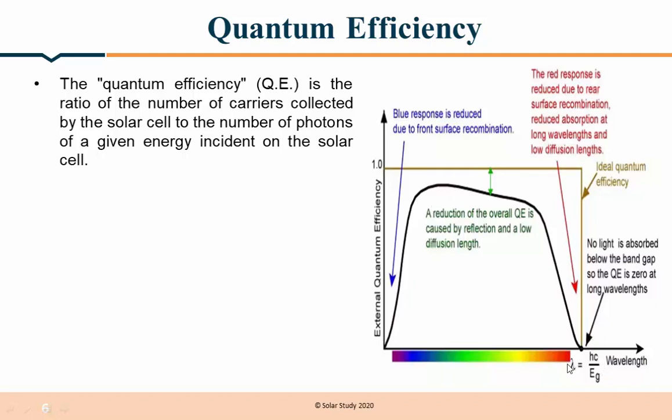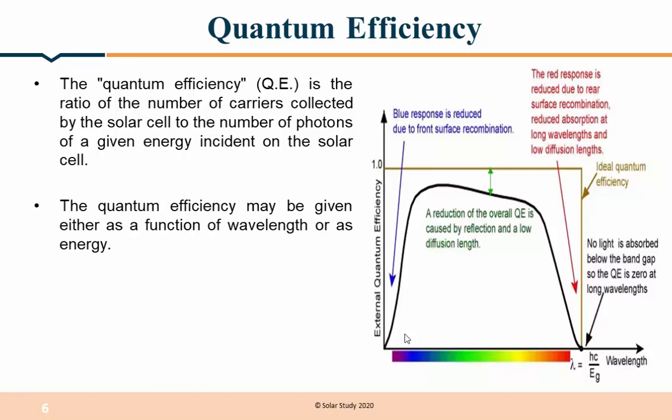So lambda is nothing but hc by Eg, because energy is nothing but hc divided by lambda. So the higher the energy, the lower the wavelength. If the wavelength is low, energy will be higher. So a lower wavelength will be collecting a higher amount of photons, then the production of the photons is also higher.